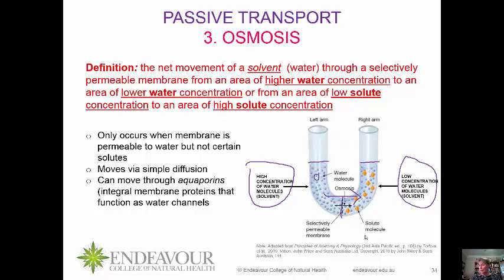If you can see with the solute, it is moving from an area of low solute, where there's no solute over here, to an area of high solute. But it's not the solute that moves, it is the water that moves. And it moves from a high concentration of water molecules to a low concentration of water molecules. It does that either through simple diffusion, or it uses little channels called aquaporins that are actually in the cell membrane itself.